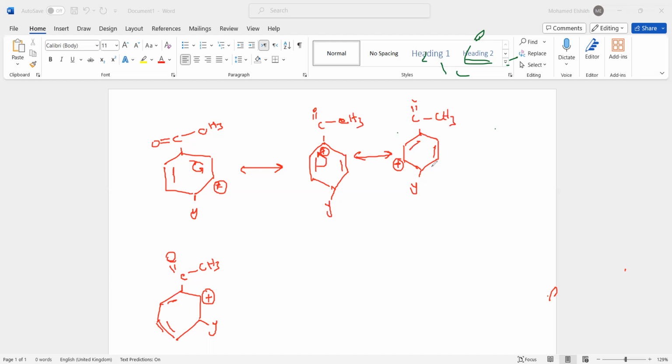And there is a possibility that... so these are the possibilities. Fine. Now for this one, also there is a structure that we can similarly draw, which is this one.